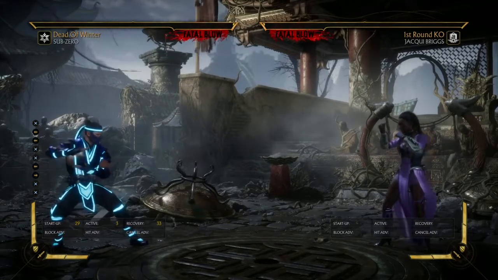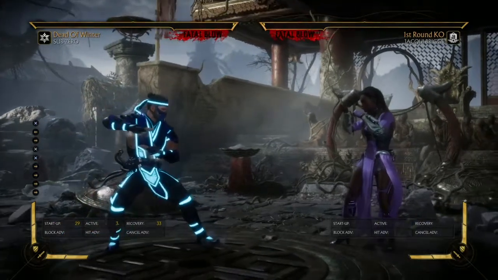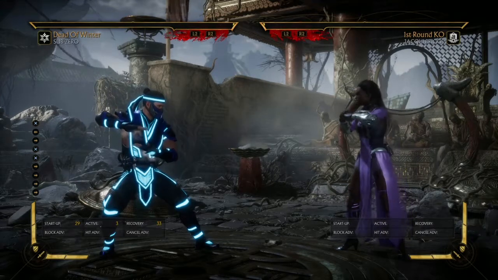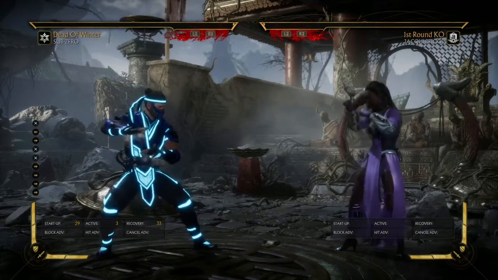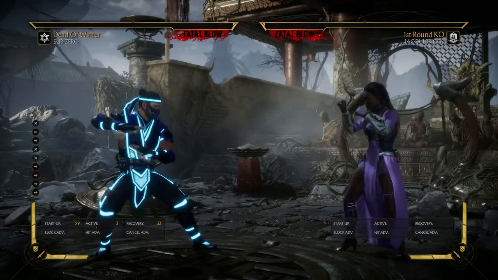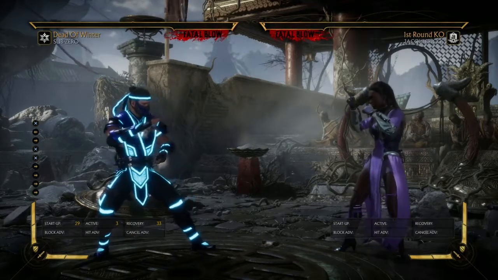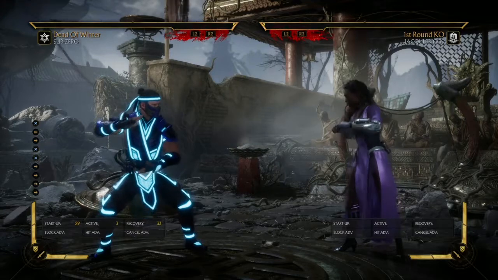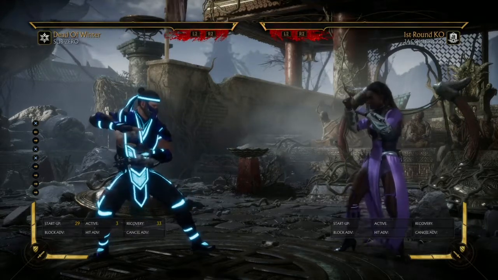So when you do free, your cancel advantage is only 20 frames, and the startup of the next move is 29, so the advantage is less than the startup of the next move. I hope I haven't lost you here.